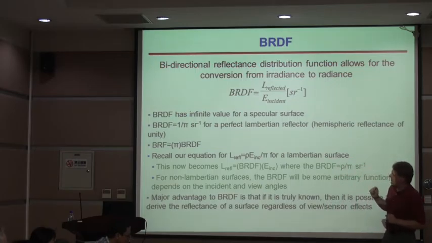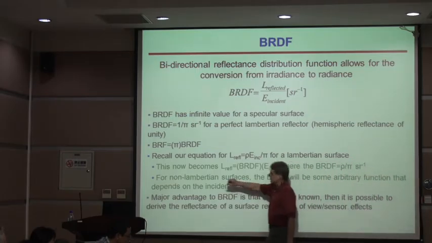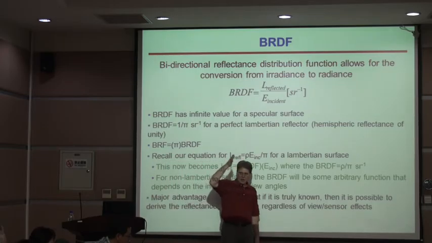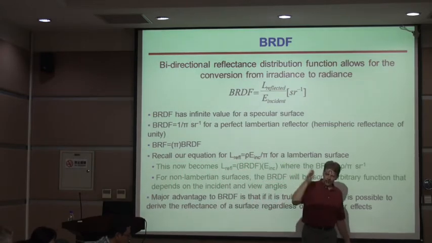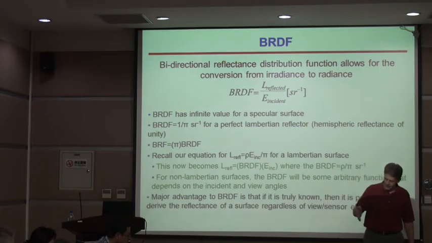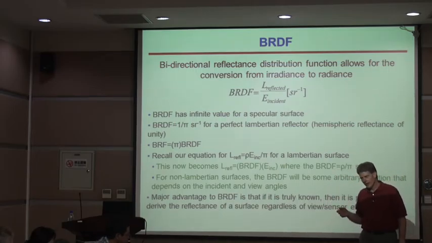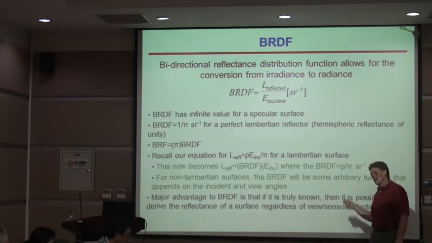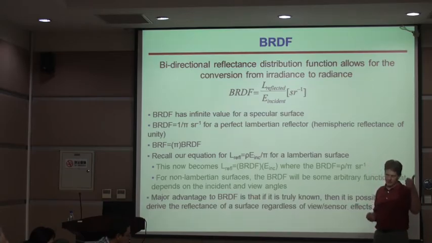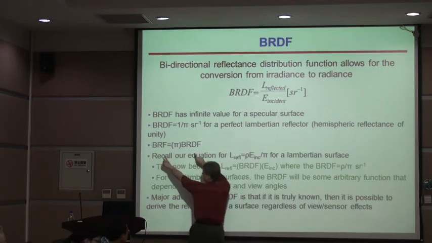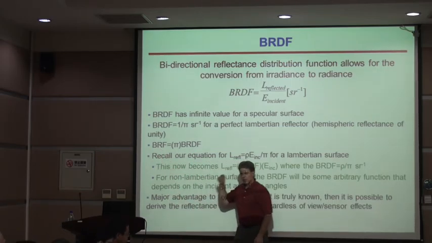So what I should have put here is BRF of theta incident, phi incident, theta reflected, phi reflected is equal to pi times the BRDF of theta incident, phi incident, theta reflected, phi reflected. In other words, these two have to be the same geometry.